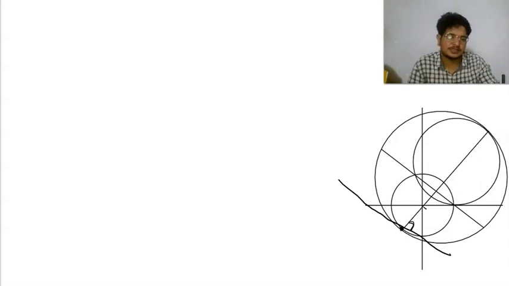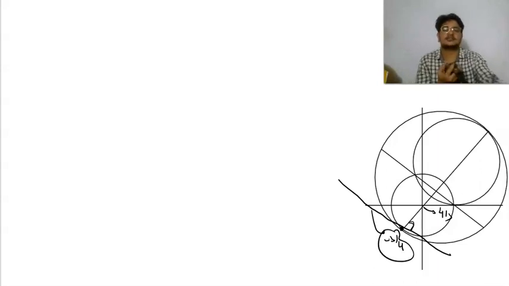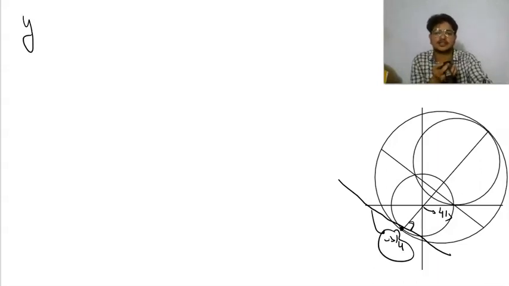Which means the slope is 4 by 3, so it will give you minus 3 by 4. The equation of tangent of the circle will be y = mx − √3·√(1 + m²).